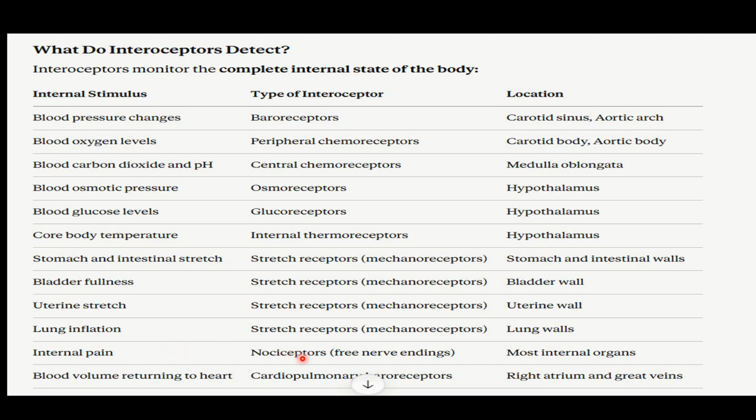Internal pain, nociceptors, and a nociceptor is also known as a pain receptor, found in most internal organs. And then we have blood volume returning to the heart, cardiopulmonary receptors, in the right atrium and great veins. So I think this table will give you an idea of what interoceptors detect.